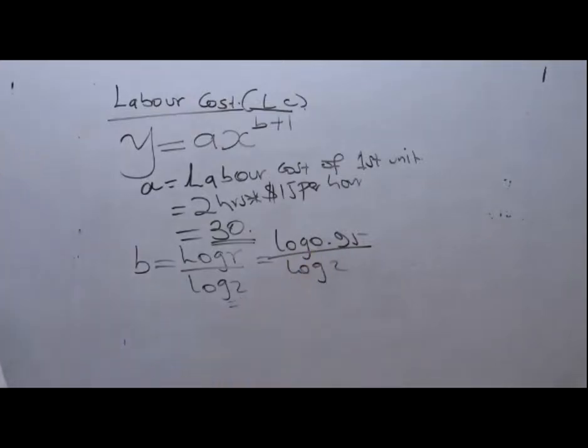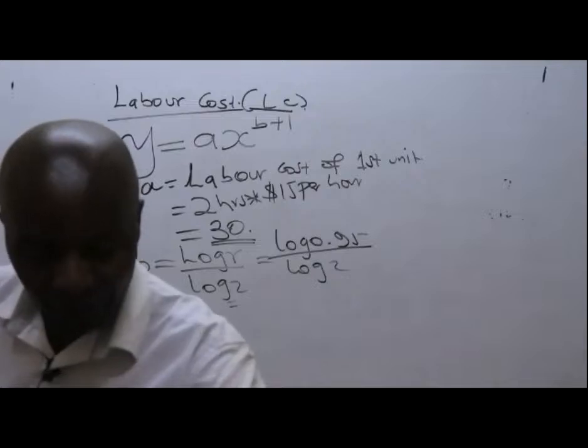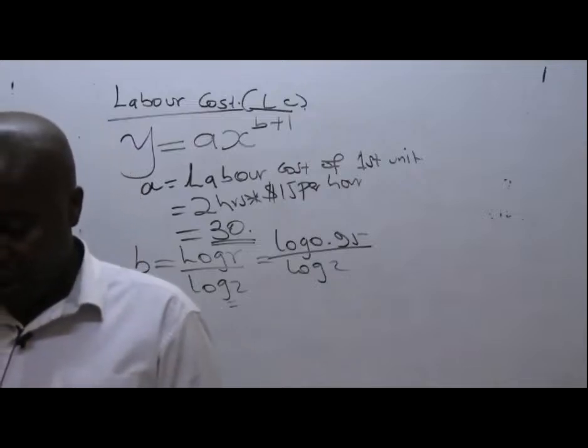So could you kindly give me an answer here? Log of 0.95 divided by log 2. What do we have, somebody?